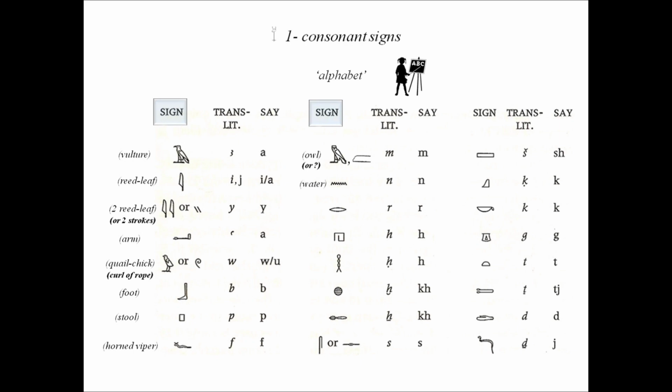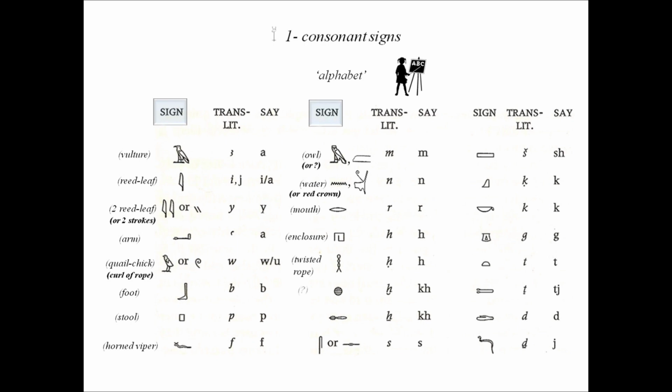Water, which is pronounced as an N, but can also be written as a red crown. The mouth, which you've seen before, is pronounced as an R. The enclosure, which is pronounced as an H. A twisted rope, which is also pronounced as an H but has a different sound. You will come to see these later on.